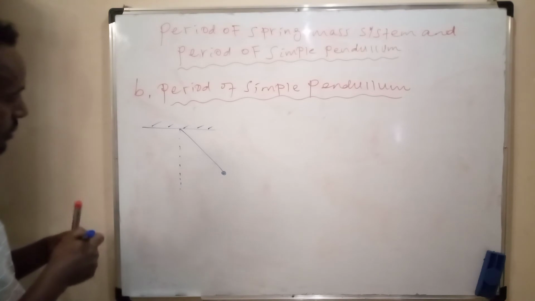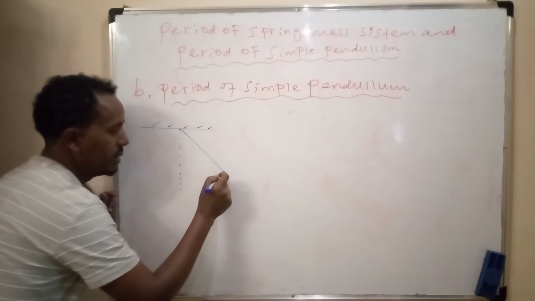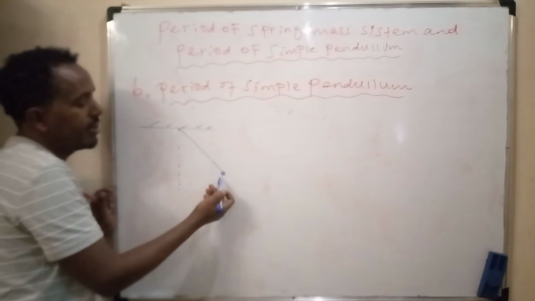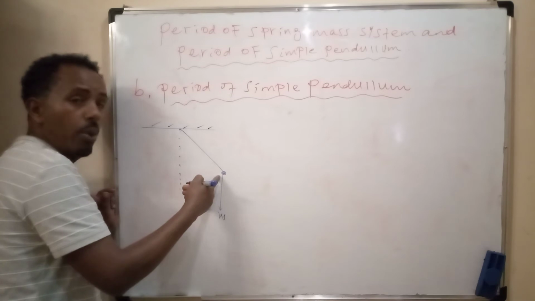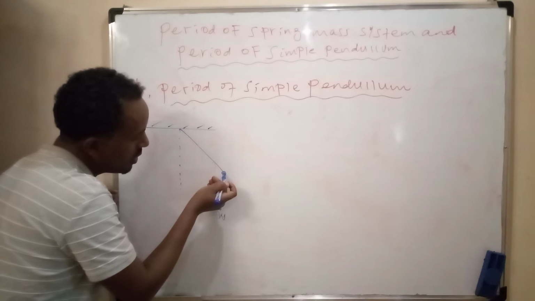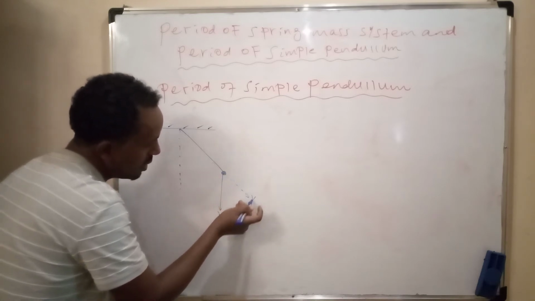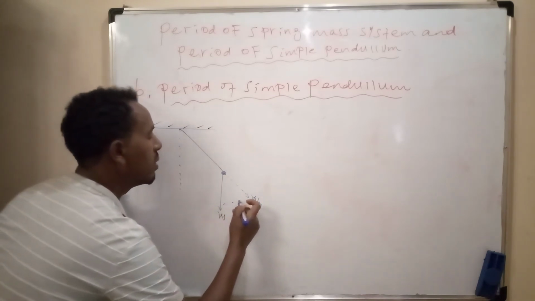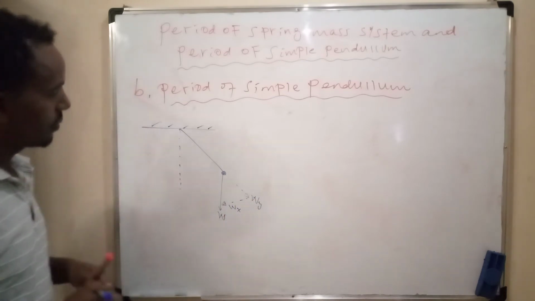Now, the weight of the mass acts perpendicular downward. Let's decompose the weight. This is the weight of the bob of the pendulum, and along the string, let's say this is the weight along the y-axis, and here the weight along the x-axis.